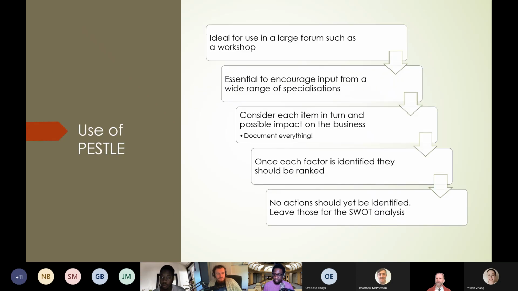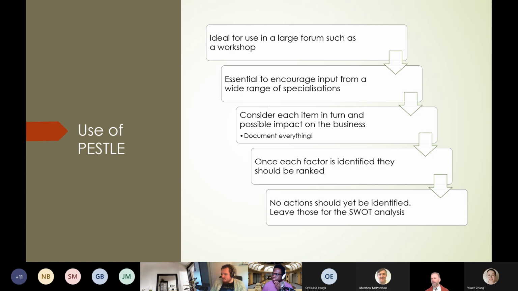So how do you use a PESTLE analysis, and where would it come in? Now, there are different places where you can try and understand the business, try and understand what people are saying, and we'll talk about some of those later: interviews, workshops, that kind of thing. This one is really helpful in a workshop, so a large forum where you've got lots of people.